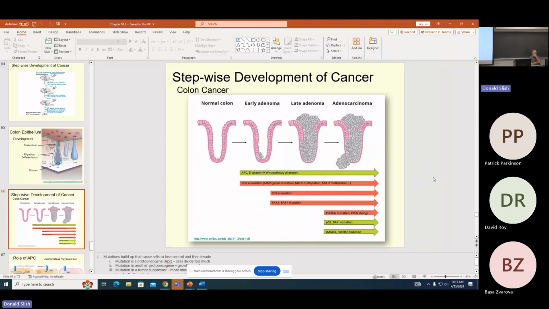Yeah, because they don't mature. They stay in this dedifferentiated state that we talked about earlier. As cells move up the crypt, they mature and become adult, and part of that process is them senescing and dying and then being replaced. These are dedifferentiated, so they're like stem cells, and they're just going to keep dividing.